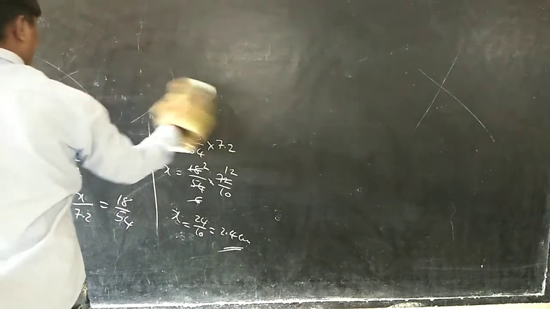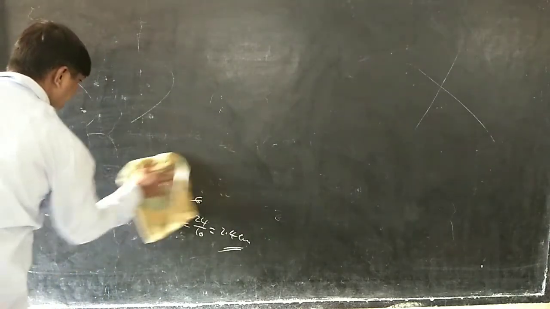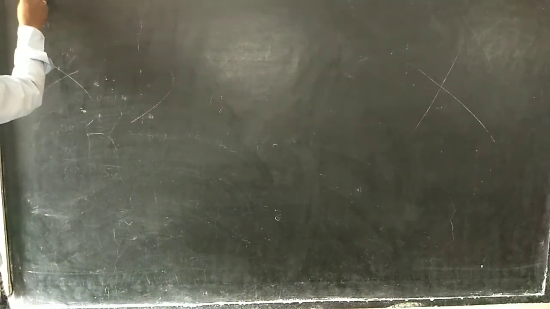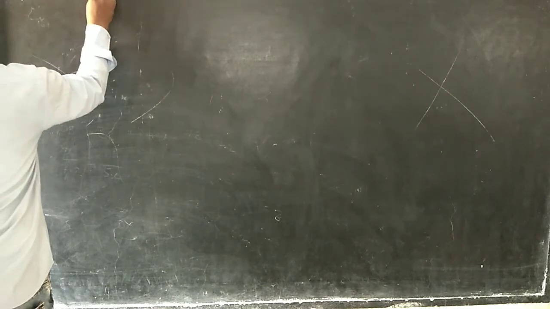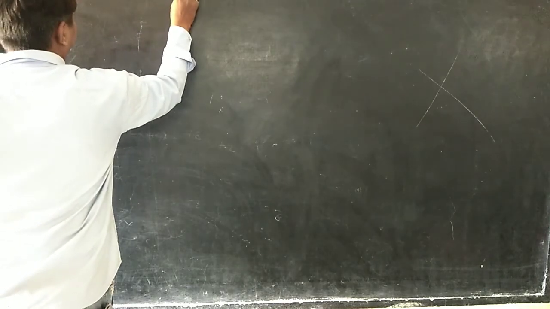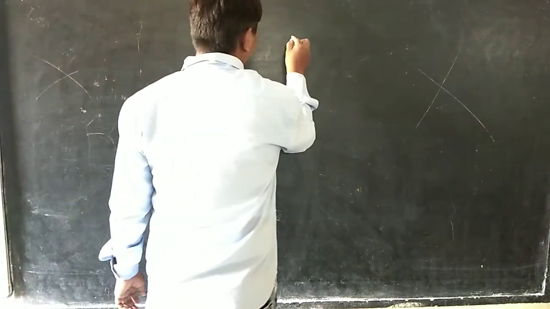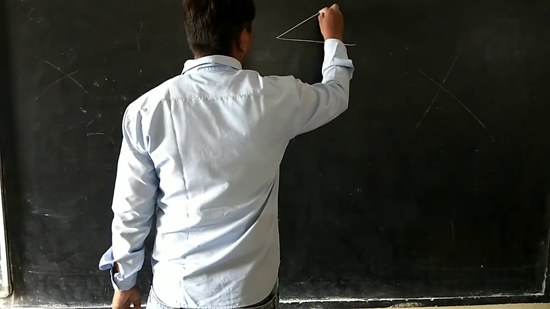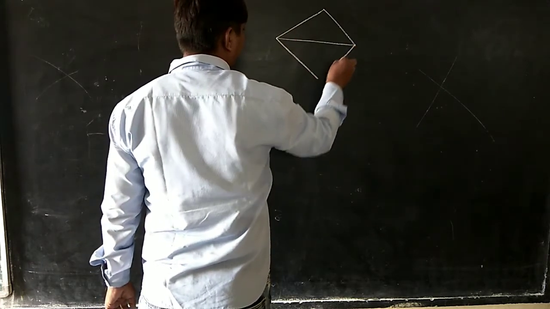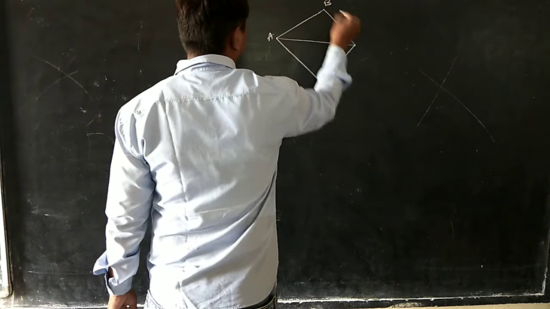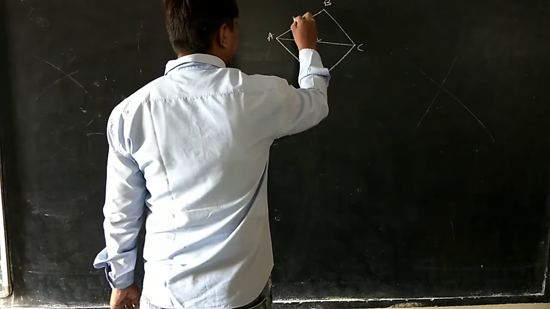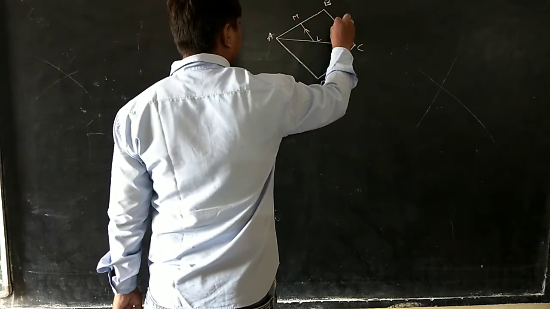Next one. In the adjacent figure, I'm drawing the first step. A, B, C, D, L, M. LM is parallel to CD.